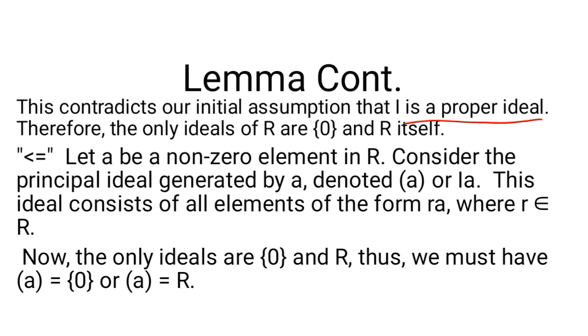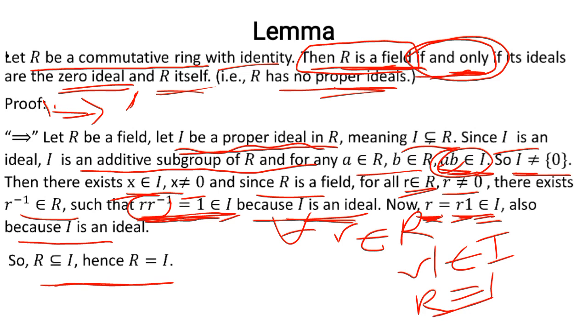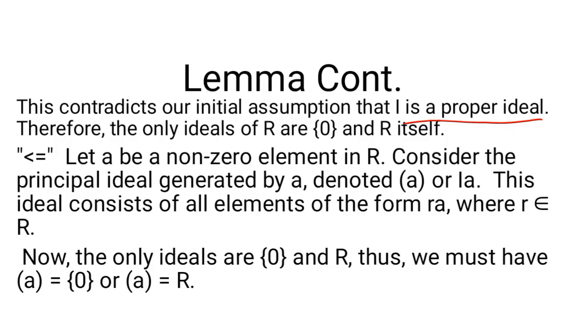And if it's a proper ideal and now we're getting that it is equal to R, we have a contradiction. So it means that the other part of our theorem, which is what we want, holds: the only ideals are the 0 ideal and R itself. So we've proven the first direction.